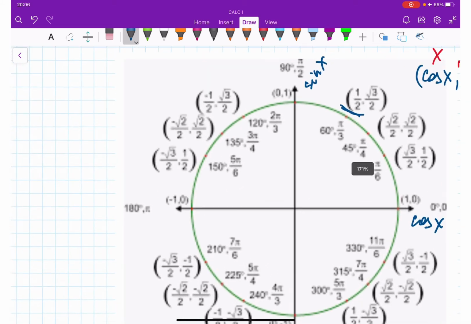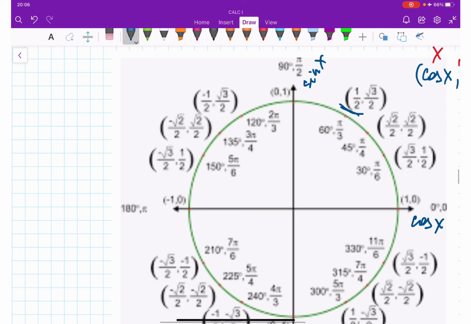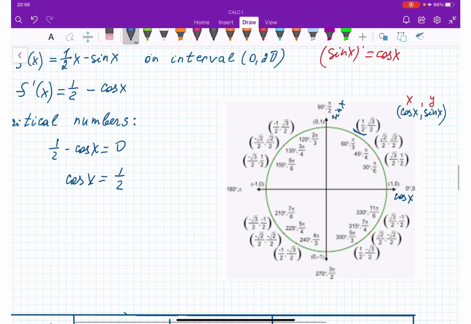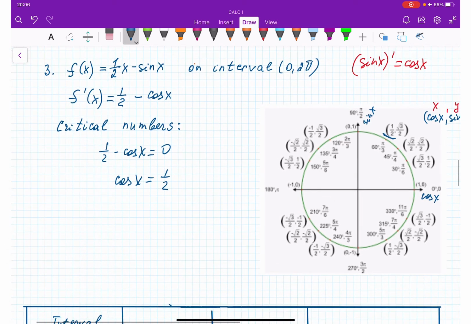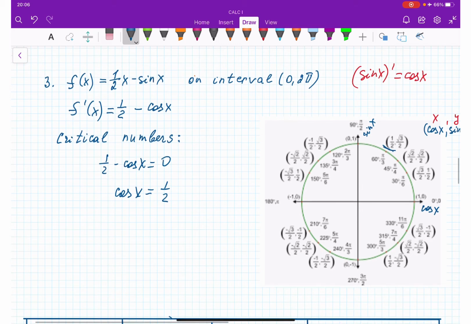Let me zoom in so you can see, which is pi over 3, 60 degrees. So x is equal to pi over 3. Pay attention, I can't put plus 2 pi n here because I have a limitation between 0 and 2 pi.